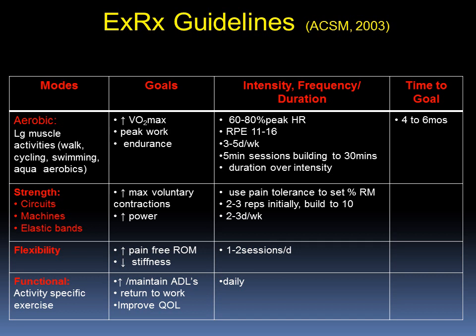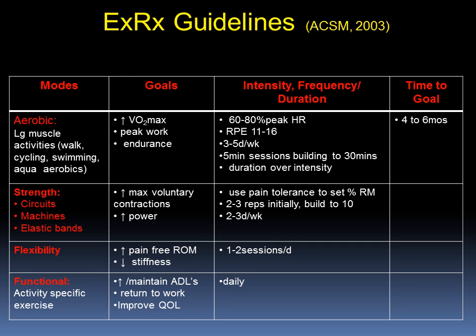Flexibility is important. They need to be doing this on a daily basis, whether it's active range of motion exercises or whether it's stretching exercises. Flexibility is critical for decreasing stiffness and increasing pain-free movement.